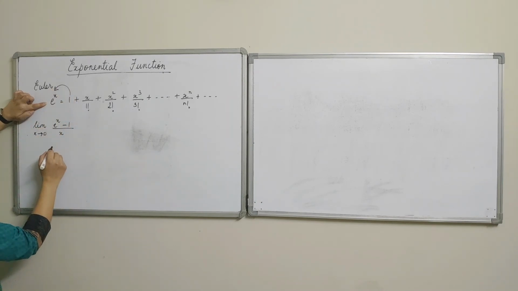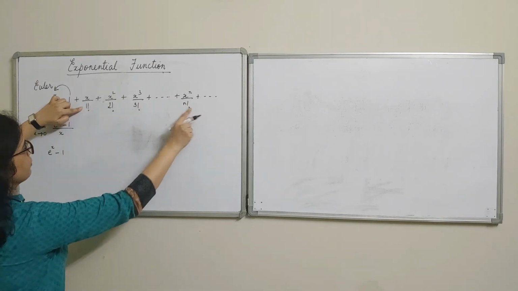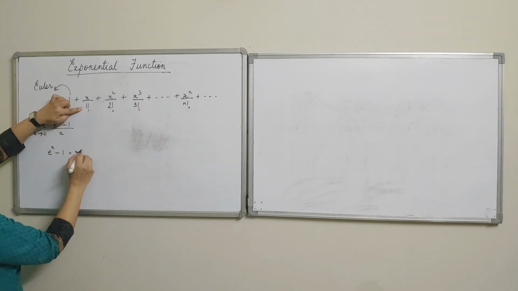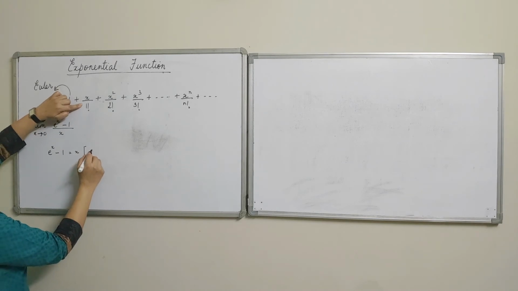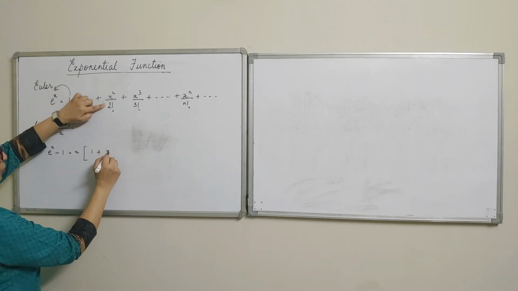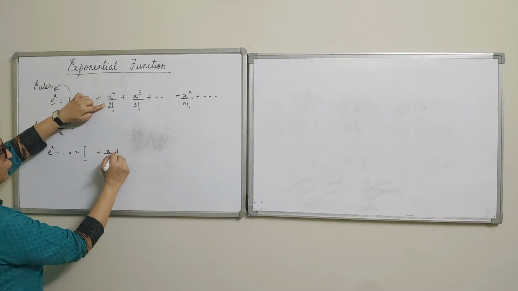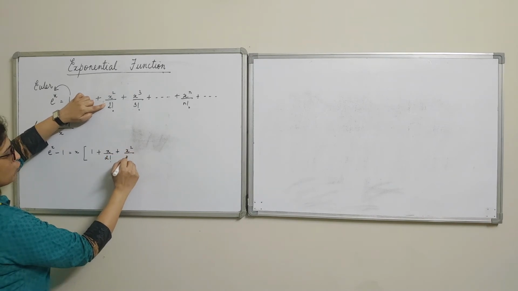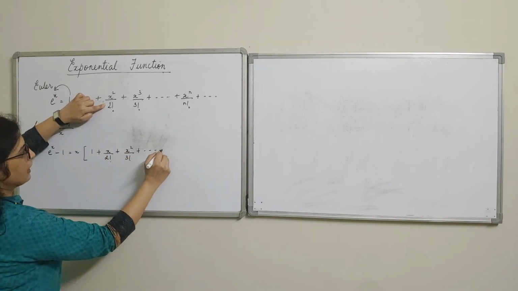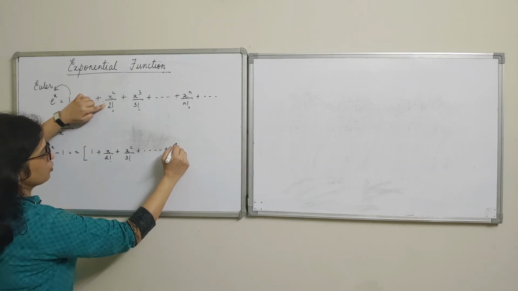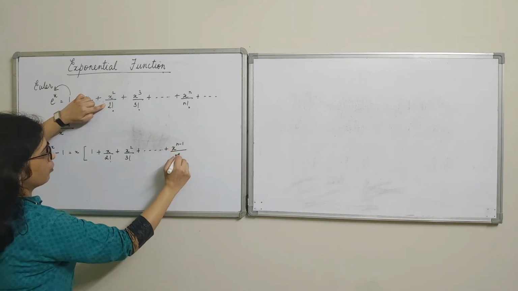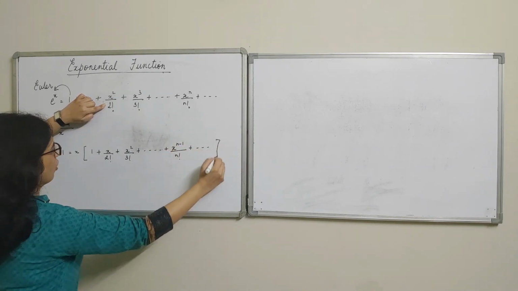So on the left hand side, we have e to the power x minus 1. Now in all these terms, let us take x common. So we have from the first term 1, plus from here x upon 2 factorial, next term x square upon 3 factorial, and this term would be x to the power n minus 1 upon n factorial, and so on.